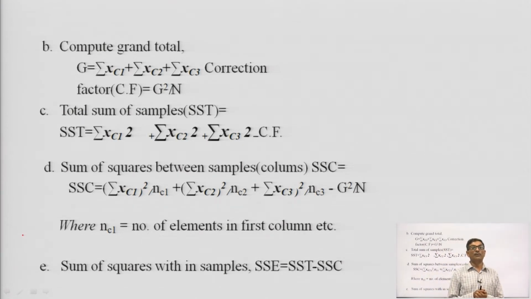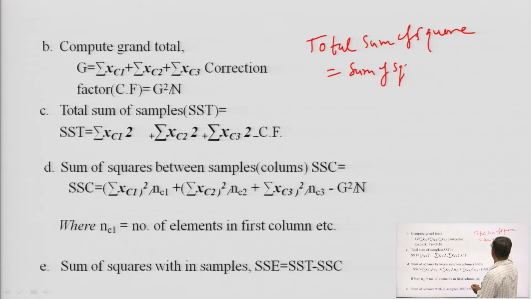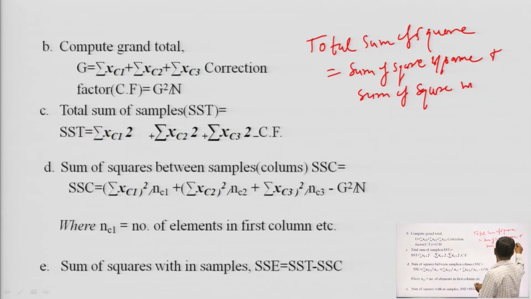Then we find the sum of squares within the sample. As we know, the total sum of squares is equal to the sum of squares between samples plus the sum of squares within sample.